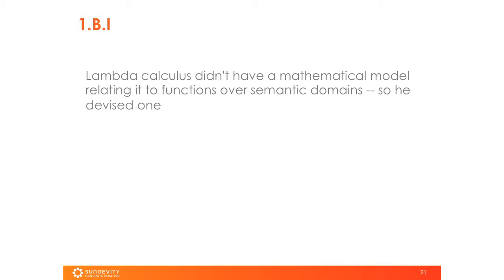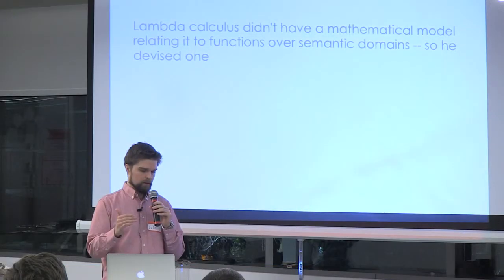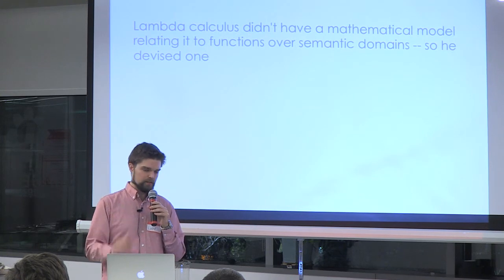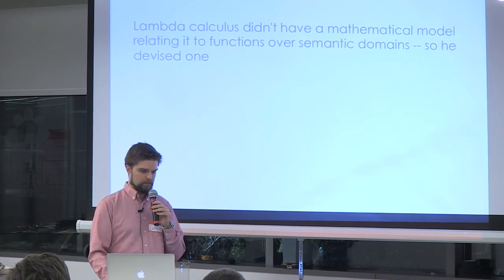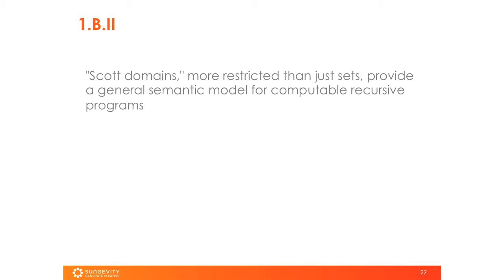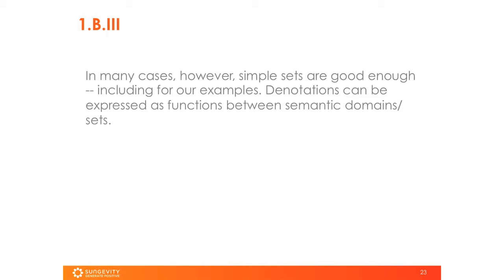So when he was writing denotations for programs, he then needed to create a model for relating those lambda calculus denotations to semantic domains. So Scott domains are more restricted than just sets, and they provide a general semantic model for computable recursive programs, but in most cases we don't have to worry about that, and we can think of the domain as a simple set, and that's true in this talk too.